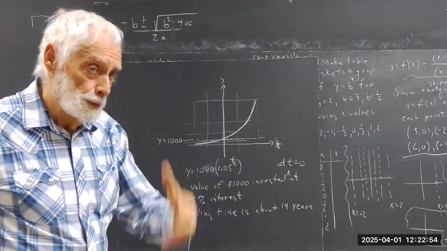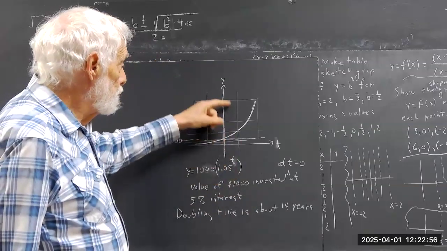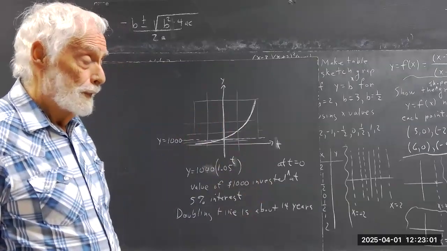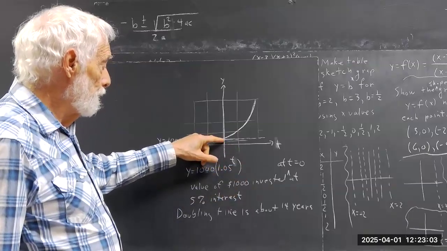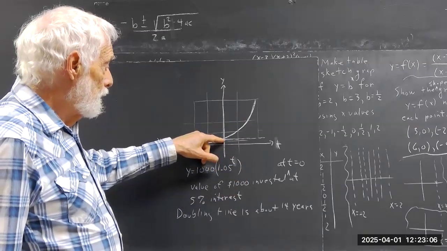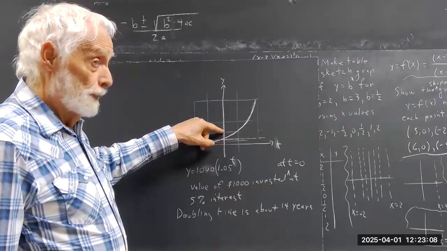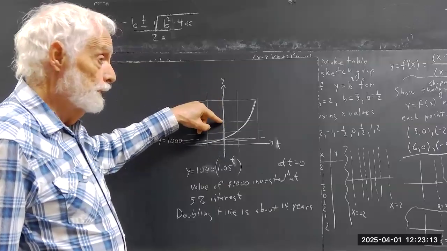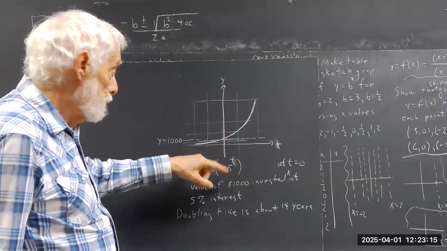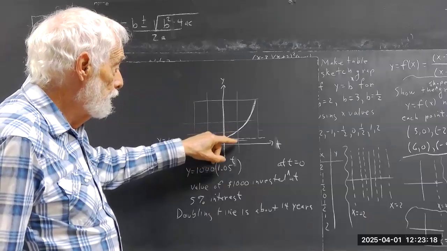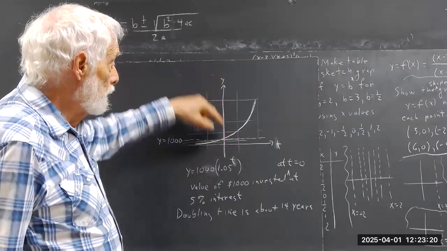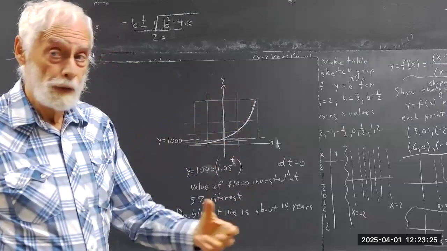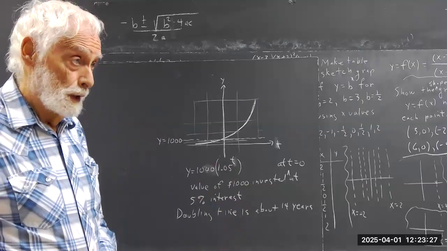You know from the construction of the exponential function that each of these lines is twice as close to the x-axis as the one before, right? Which means if you start from here, this line is twice as far from the x-axis as this one, and this one is twice as far as this one, and this one is twice as far as this one, right? So from here to here, your y value is doubled. And from here to here, your y value is doubled. Okay?